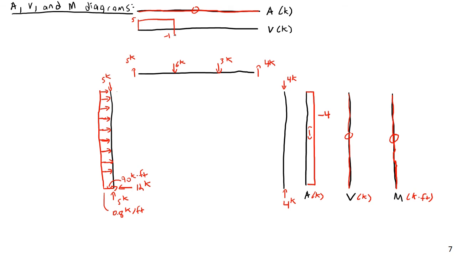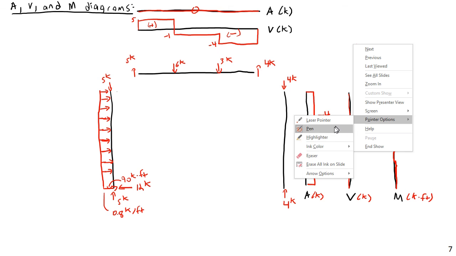Then we remain constant over to the 3 kip force, at which point we'll drop down another 3 to -4, and then we'll remain constant until the 4 kip force, which will bring us back to 0. That will be positive and negative shear here, so a maximum shear value of 5 kips and a minimum of -4.